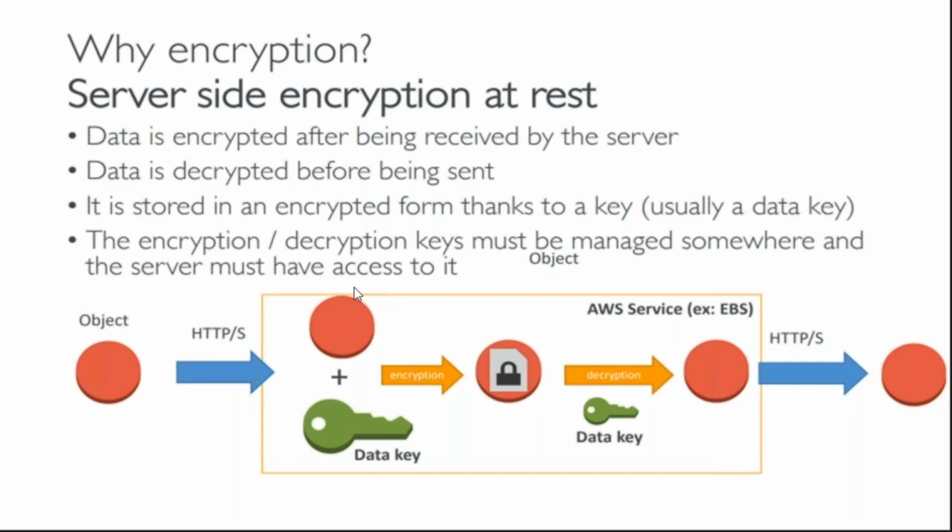Then the server decrypts it and, instead of storing it in decrypted form, we use our data plus the data key to put it in an encrypted form. Whenever this data is requested, we use the data key to decrypt it, and then again use HTTPS to send this data.